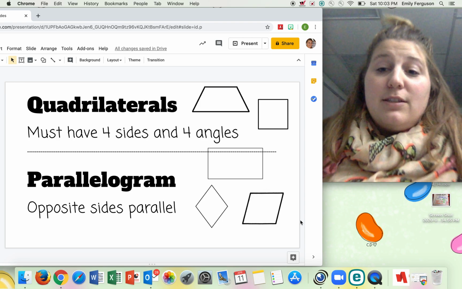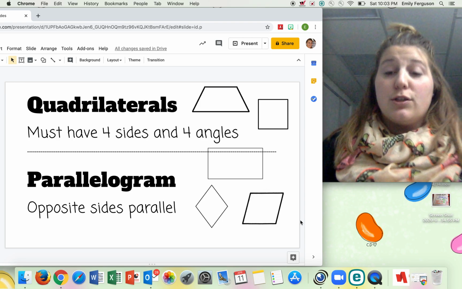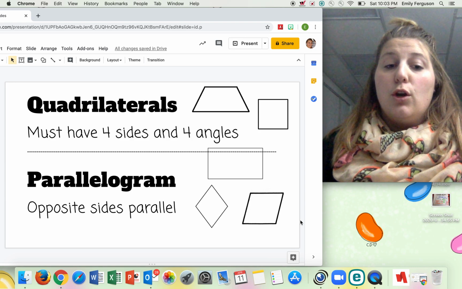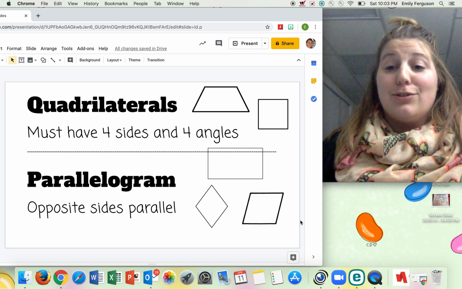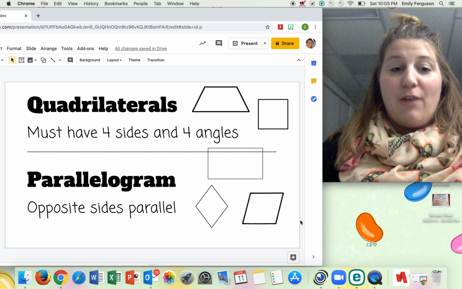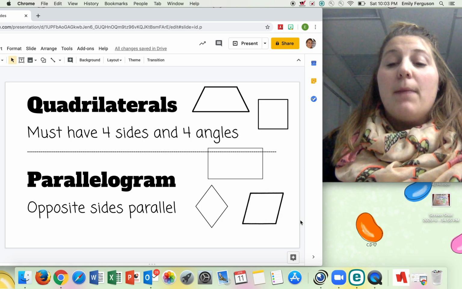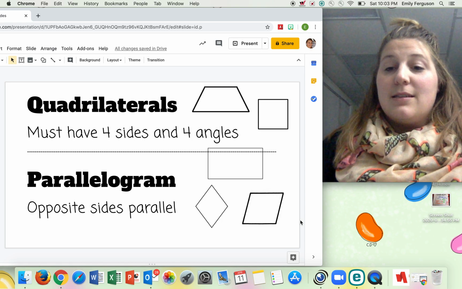Then we can break it down into a parallelogram, which is also a very large group. It is inside the quadrilateral bracket though. So if it's a parallelogram, it's going to be falling under a quadrilateral. Parallelograms have opposite sides that are parallel.